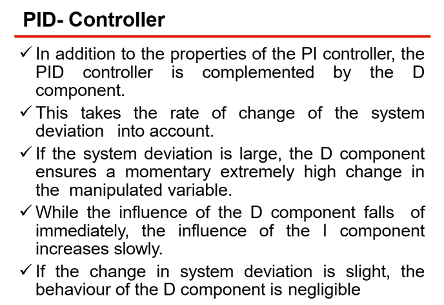For some period of time, the derivative will work in a great manner due to the derivative component and that characteristic of deviation, and for some part of the period, the integral part will come into account. So while the influence of the D component falls off immediately, the influence of the I component increases slowly. Okay, so that is given over here, and I think you know the integral and derivative are complementing each other.